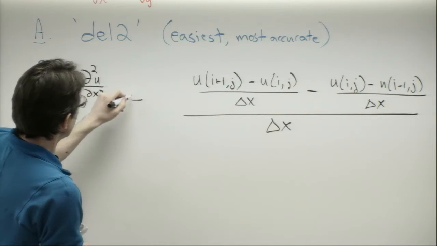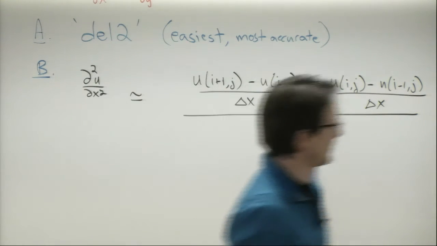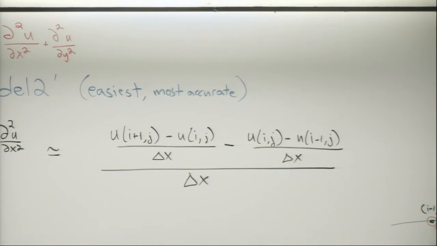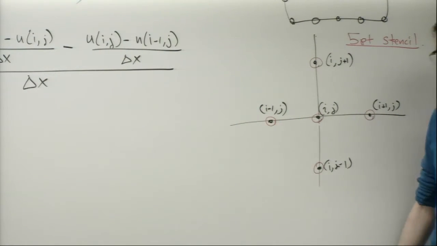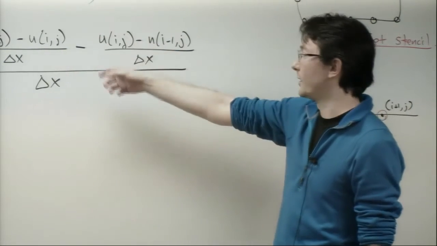And this is the second partial derivative. I'm basically just computing two first derivatives here, and then I'm taking the first derivative of those first derivatives. That's what this is. And you can work it out that this is really, I mean, we've done this before.